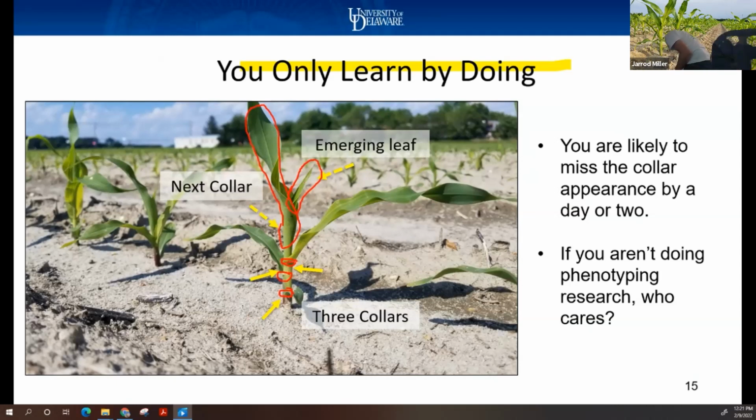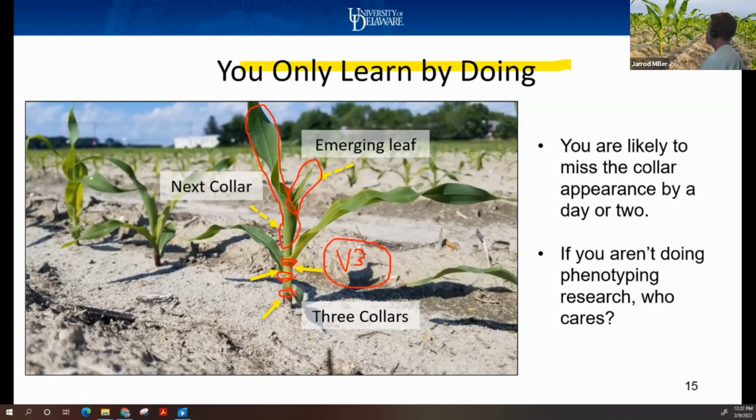Okay, we're going to say if we see this collar, we're going to call that V3. Somebody else in some other time might have called this V5, like if you see the 5th leaf, it's V5. But the reason this is important is because everybody does it this way. Pretty much everyone looks for this collar, which means if you see on an herbicide label, it says don't apply past V4, you can know that means count the collars versus looking for 4 leaves.